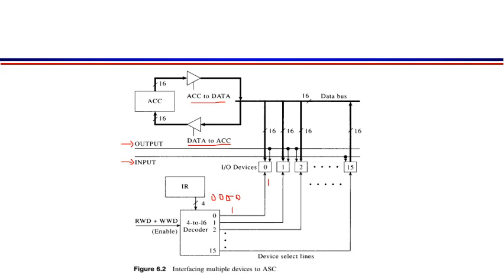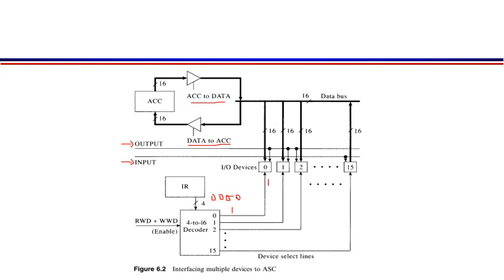Device number 0 is connected with output 0. Device 1 is connected with output 1, and device 2 is connected with output 2, and in the same way all the devices up to 15 are also connected with the outputs of the decoder.